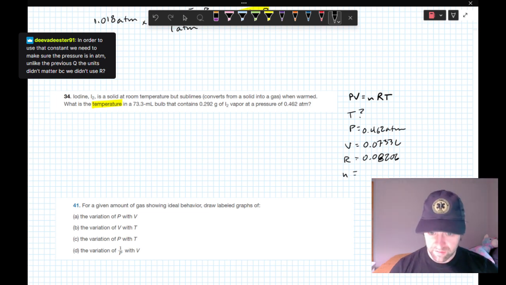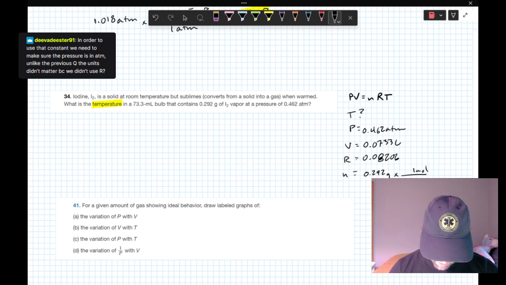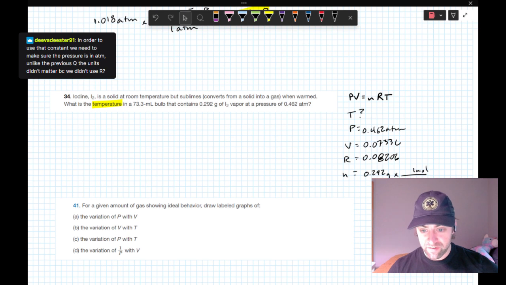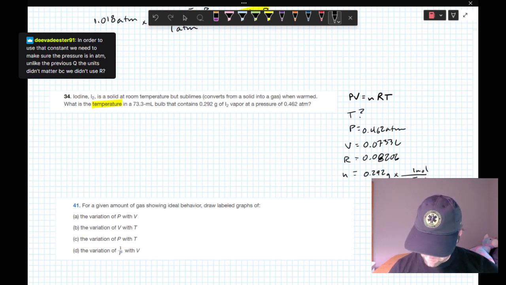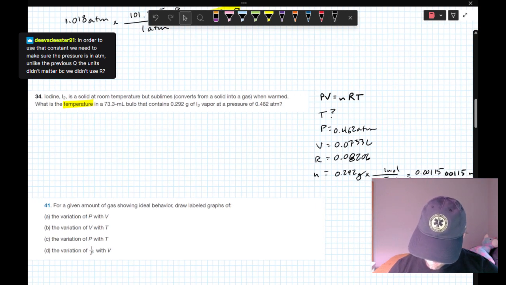We're given 0.292 grams of iodine gas. Well, iodine solid. Doesn't matter actually. Per mole of diatomic iodine, there are 253.8 grams per mole. Grams cancel out. That gives us 0.00115 moles.